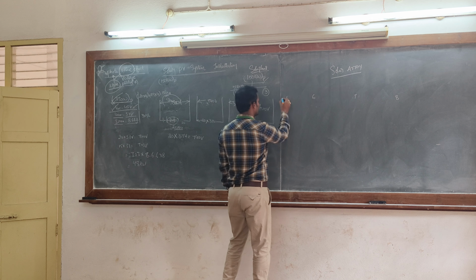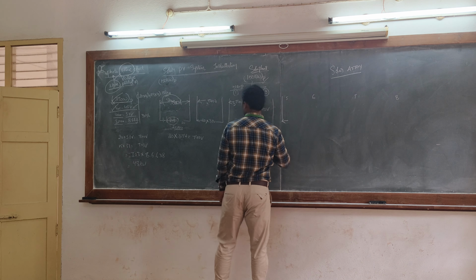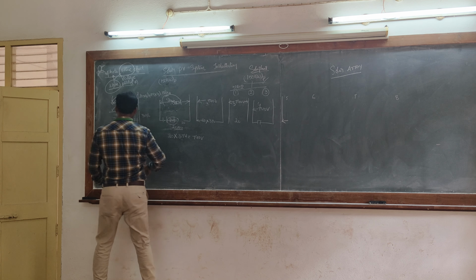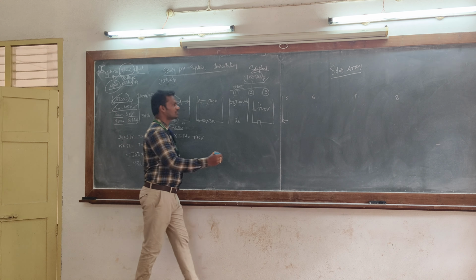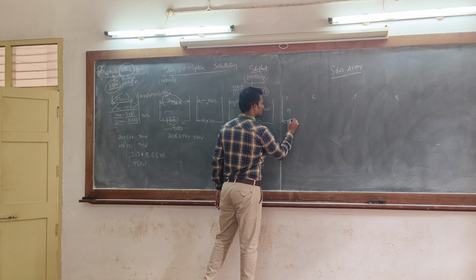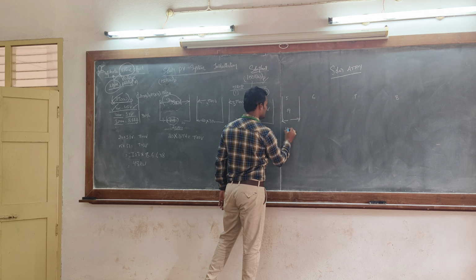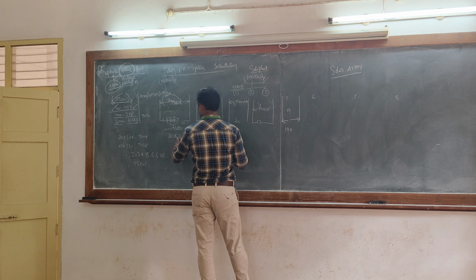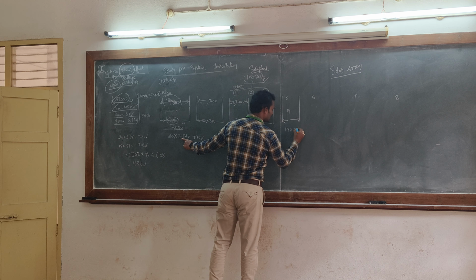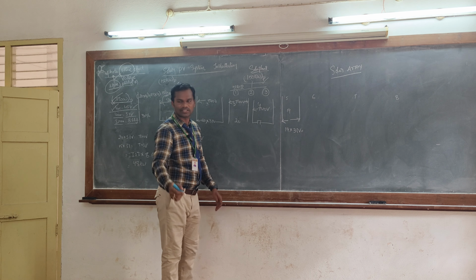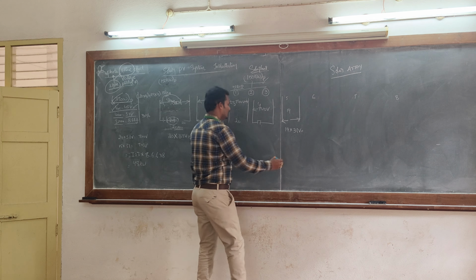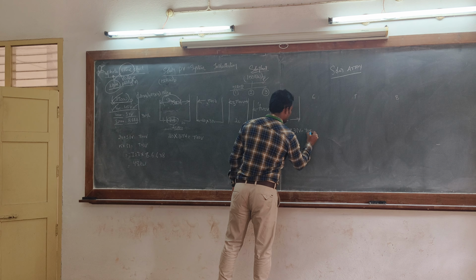Similarly, for the fifth string, in our plant design we are reducing the count by one, so rather than using 20 we are going to use 19 panels. Now multiply: 19 panels connected in series with a maximum voltage of 37 volts each. 19 into 37 is how much? 708 volts.